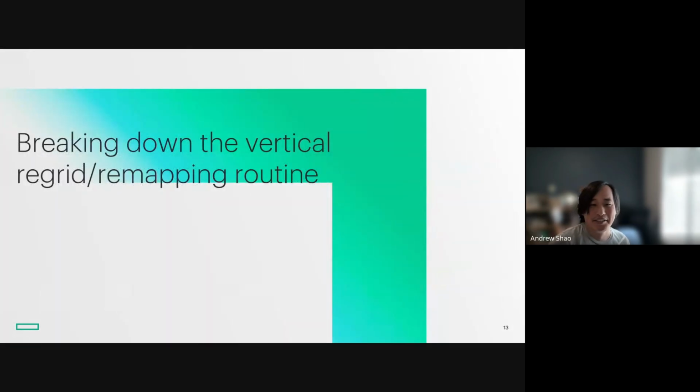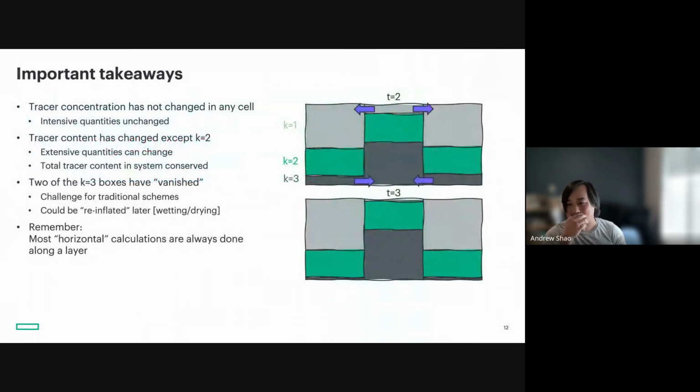Okay, so now we're going to get into the specifics of what we mean by the regrid remap, right? So actually, before we do that, there's this question: the original formulation of GOLD allowed you to do this diapycnal mass transport, and very naturally allowed for vanishing layers. But there are some particular assumptions that you can make that make it a little bit easier.